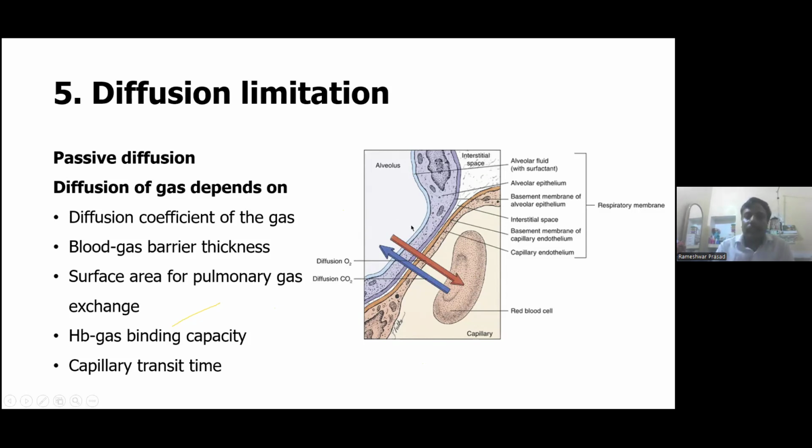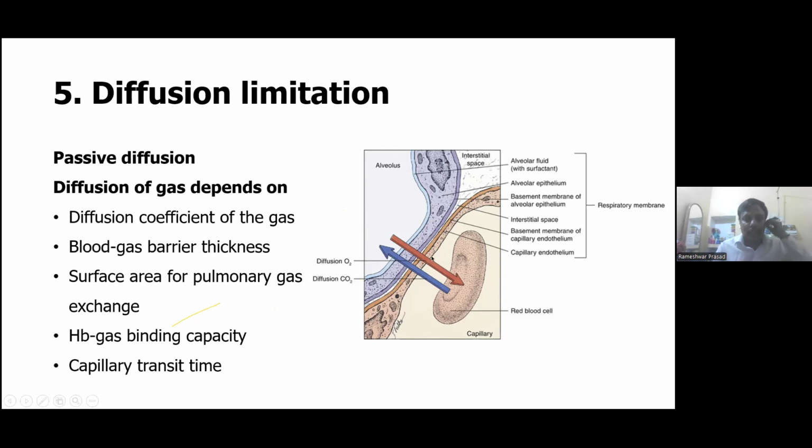Now this diffusion depends on the molecular weight of the gas itself, and the thickness of the barrier. If there is interstitial edema, the interstitial space will thicken and there will be increased distance between the alveolar surface and the plasma.